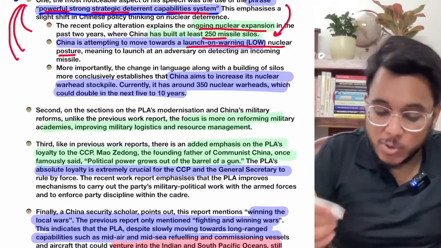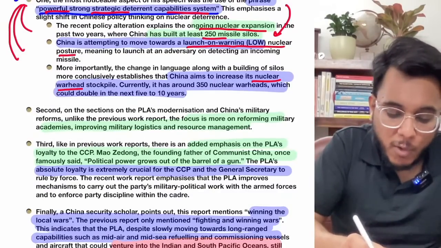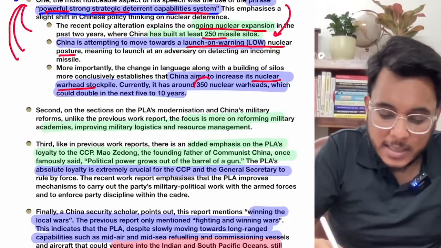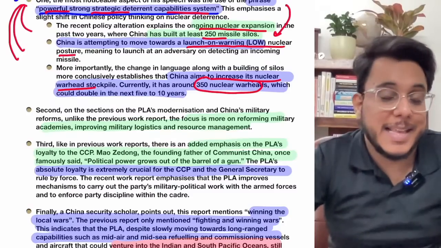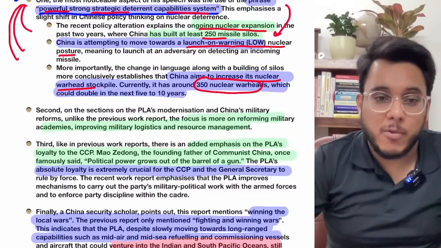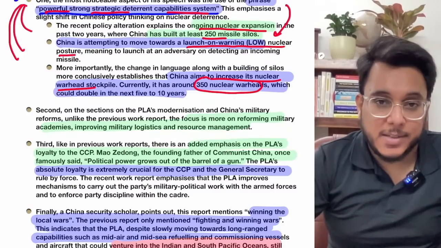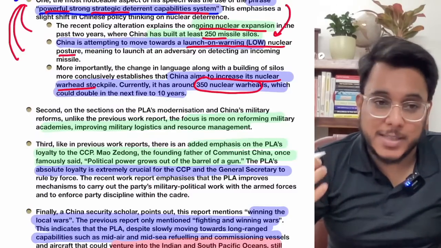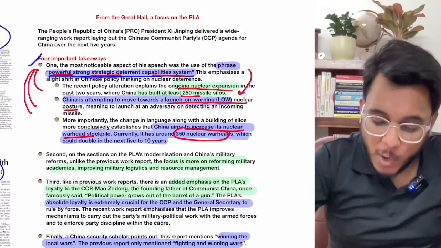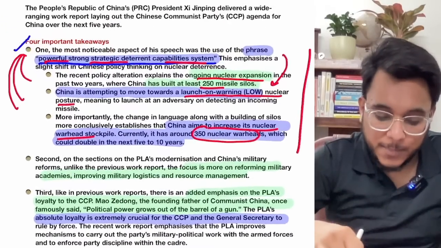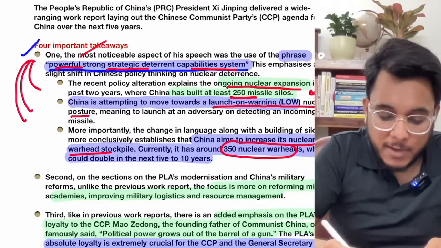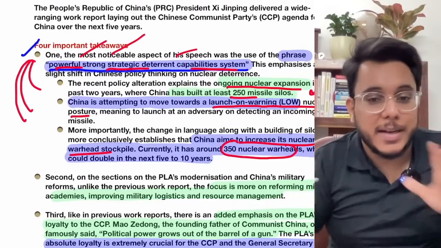After that, China is also increasing its nuclear warhead stockpile. As of today, China has around 350 nuclear warheads, and they aim to double that in the next 10 years, so they are aiming to have at least 700 nuclear warheads. So if you see all these things together, it simply shows that China is moving towards a powerful strong strategic deterrent capability system.